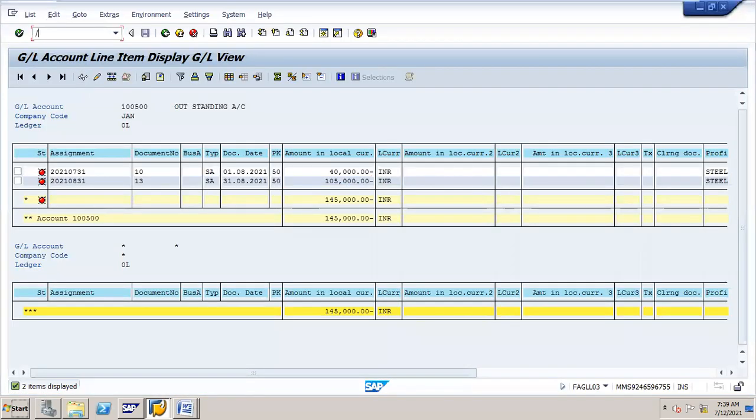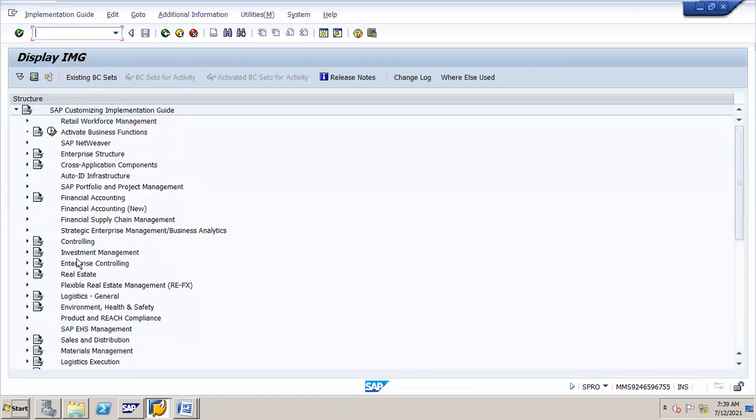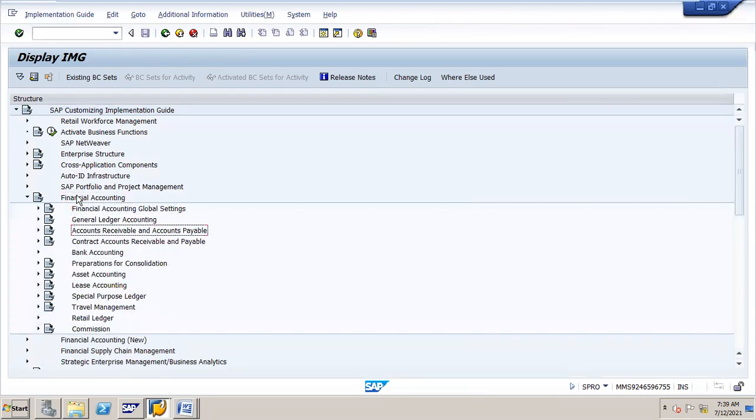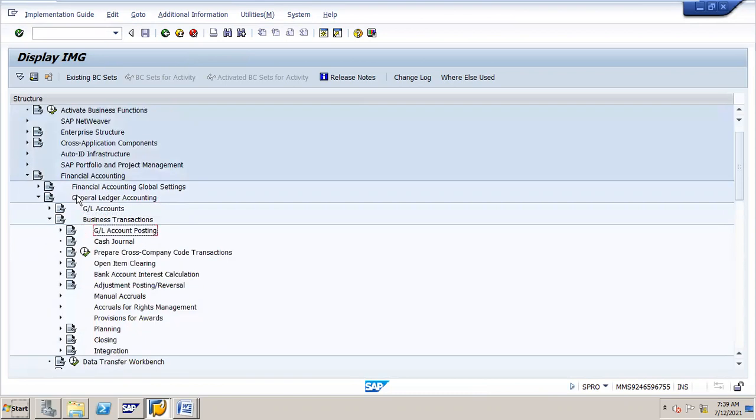First, let me go to SPRO. Financial Accounting, General Ledger, business transaction, here bank account interest calculation.